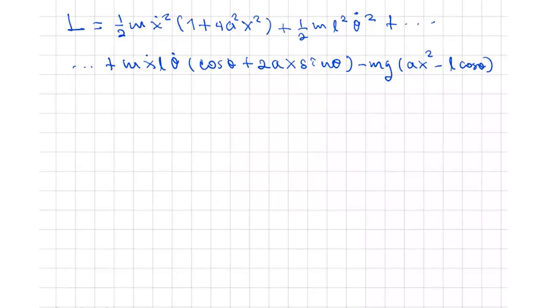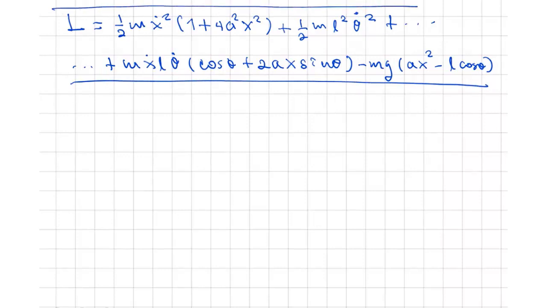Okay, this is the Lagrangian of the system. We know it is the difference between the kinetic energy and potential energy.